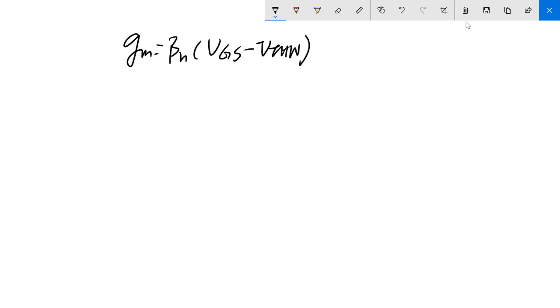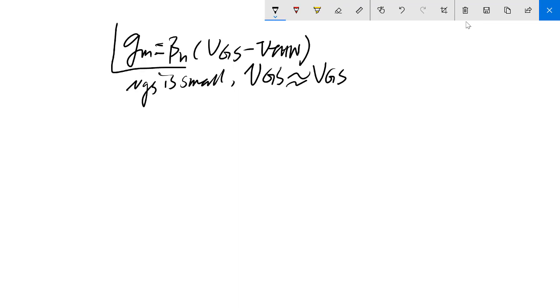Keep in mind, because the small signal input is tiny, we assume that VGS, which is a combination of the DC and AC, is pretty close to VGS, the DC only. So that's why we can directly use this one to calculate the gm.